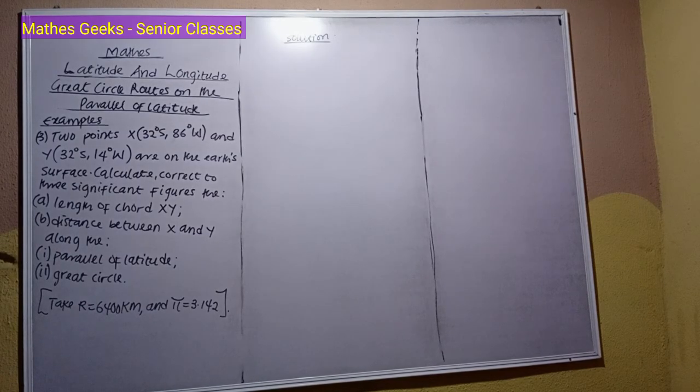Two points X, 32 degrees south, 86 degrees west, and Y, 32 degrees south, 14 degrees west, are on the Earth's surface. Calculate, correct to three significant figures, the length of chord XY and the distance between X and Y along the parallel of latitude.